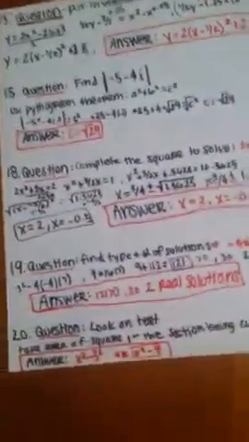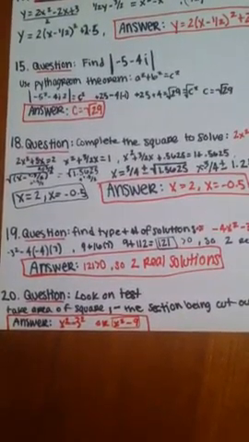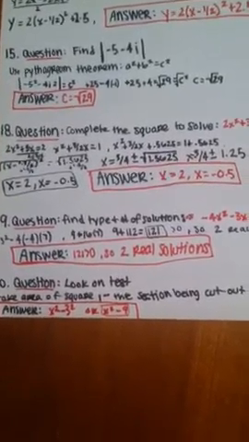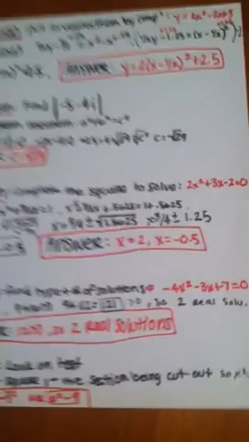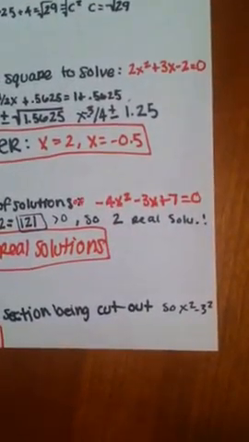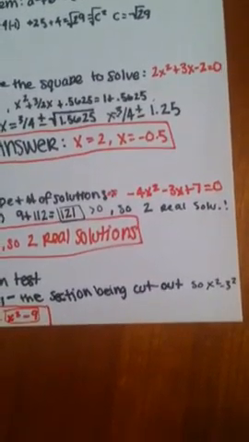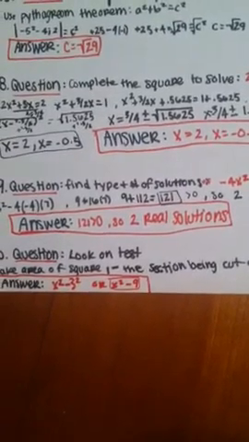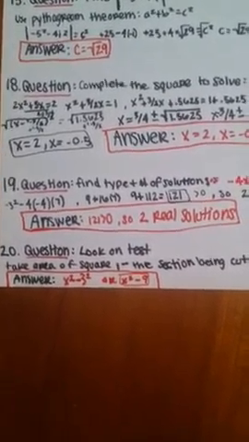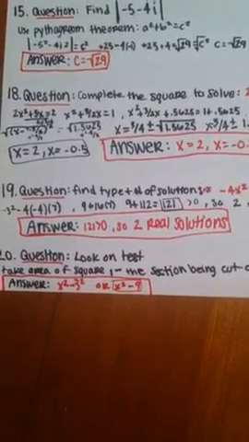Number 19, you have to determine the type and number of solutions of the equation negative 4x squared minus 3x plus 7. And so you use the inside of the quadratic formula underneath the square root, so it's b squared minus 4ac, so then you have 9 minus 4 times negative 4 times 7.